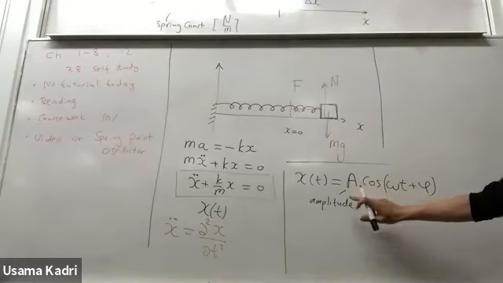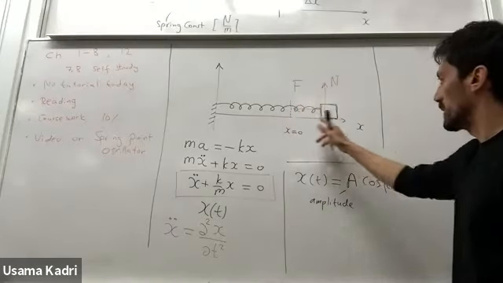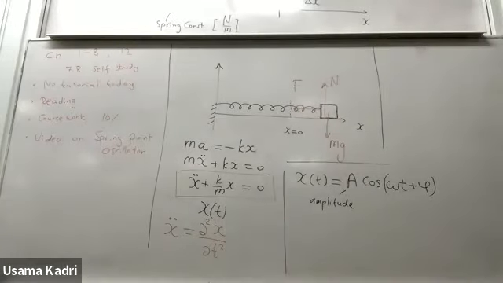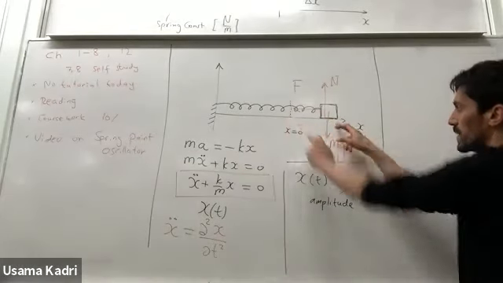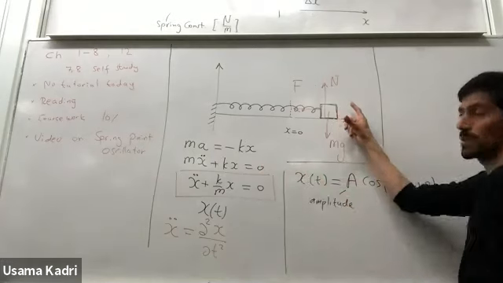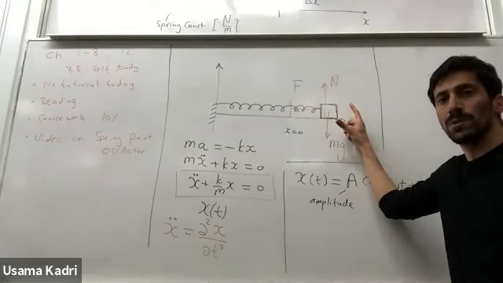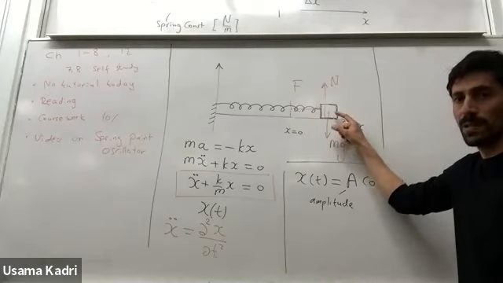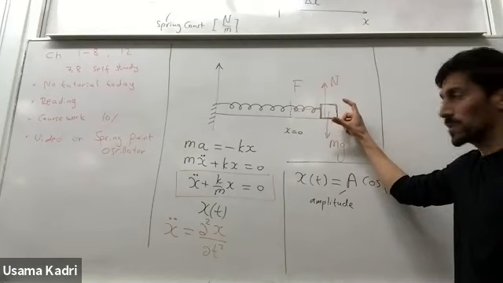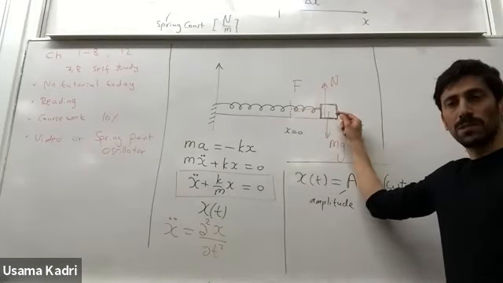Okay, the amplitude would be the maximum distance from the relaxed length that this can go. In this case, it would be simply here if I just release it with a zero velocity. However, I don't have to release it with a zero velocity. I have two choices when I release it. I can either release it with a zero velocity, and that would be the amplitude, or I can give it some extra velocity.